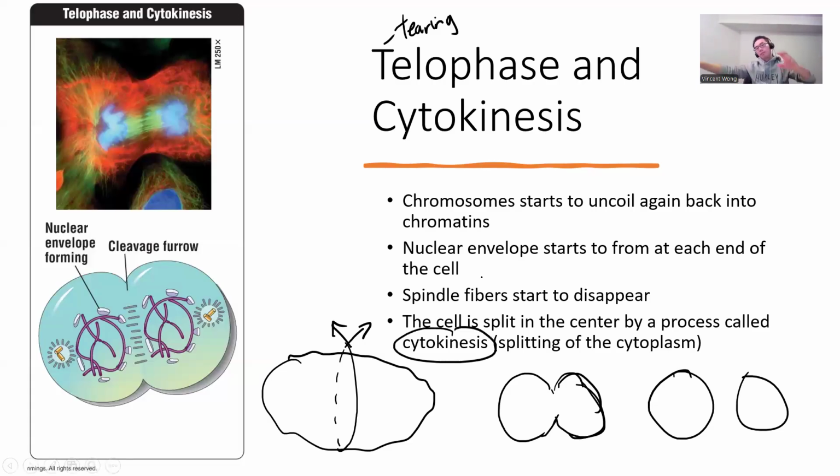You have to make sure that each cell gets roughly the same amount of cytoplasm, with equal sharing of the organelles. You get half the mitochondria, the other cell gets the other half. You get some Golgi, the other cell gets some Golgi, as equal as possible. And that's it. That's how a cell divides.